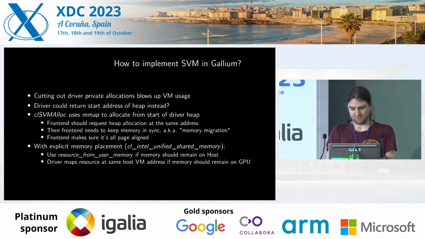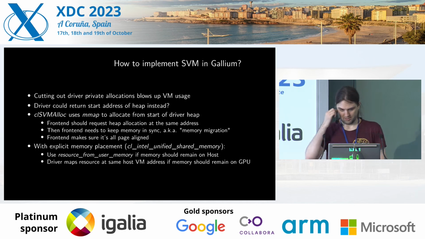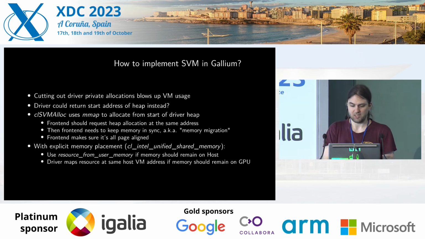The big problem is if the driver has private allocations which are not visible to the front end, you have to make sure that the application can't allocate on the same virtual address space as well. So one idea was to just map this area on the host at virtual memory address space out, but this blows up all the VM usage of every application, and that's bad if you see like, oh yeah, every app is now using 16 GB of virtual memory.